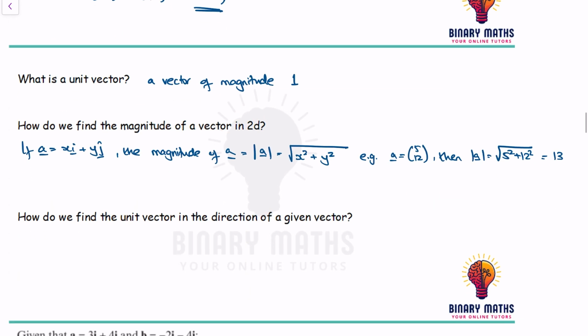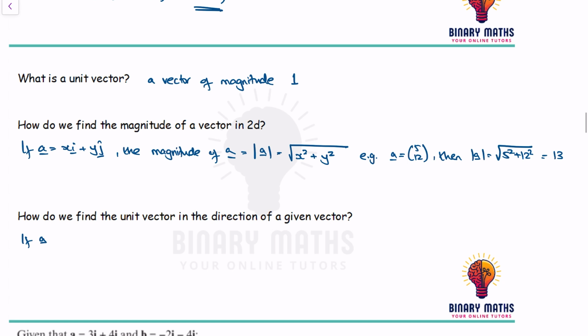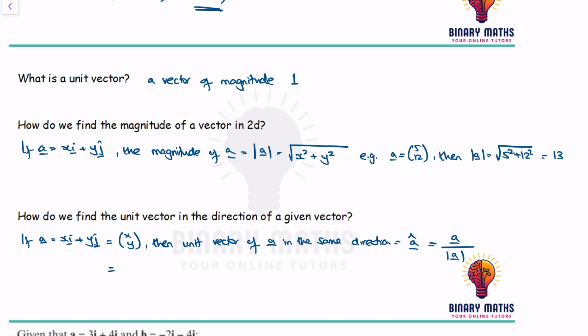How do we find the unit vector in the direction of a given vector? So if A is equal to xi plus yj, which is equal to (x, y), then the unit vector of A in the same direction is called A hat, is equal to the vector A divided by the magnitude of A. So if I wanted to show an example with A again, e.g. if A is equal to (5, 12), then the unit vector of A will be (5, 12) divided by the magnitude of (5, 12).